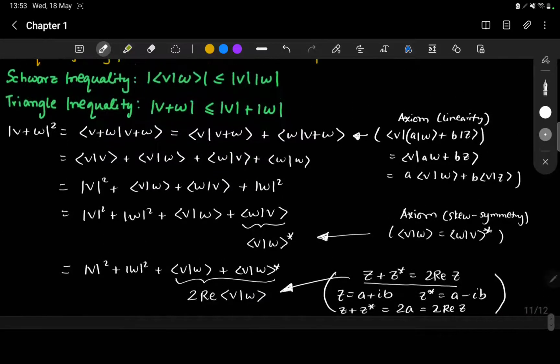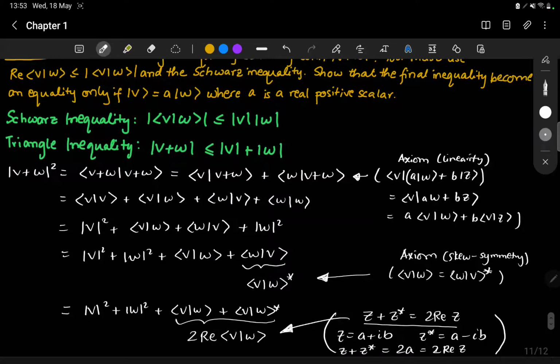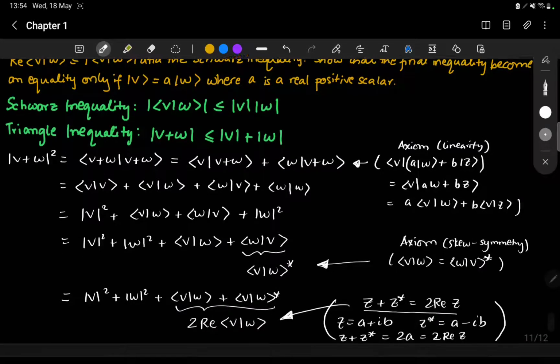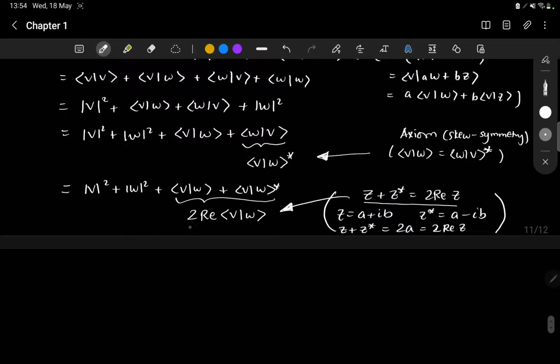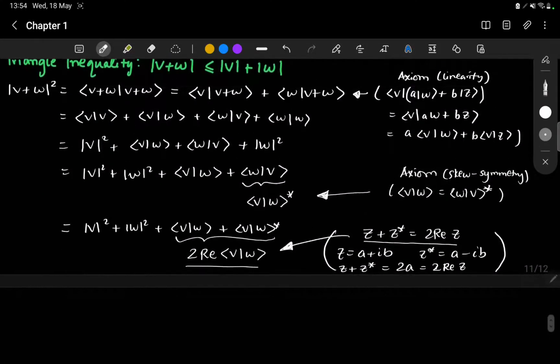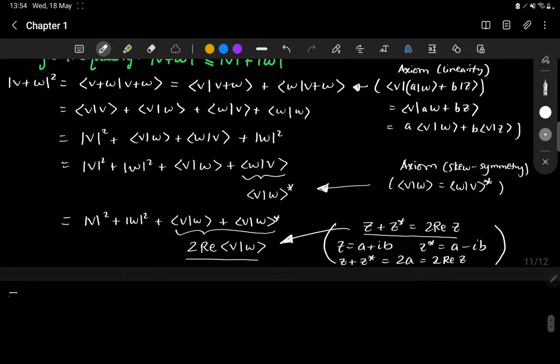Now see, we will use this given identity which says that the real part of the inner product between two vectors v and w is less than or equal to the magnitude of the inner product of the vectors. So the real part is less than the magnitude. So we will use this identity when we write down the following.